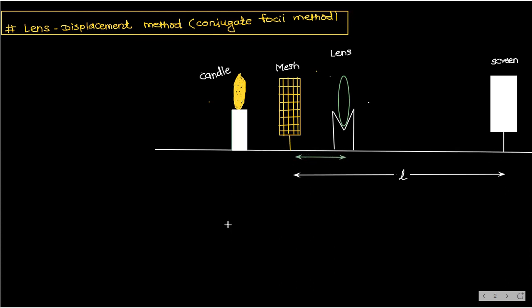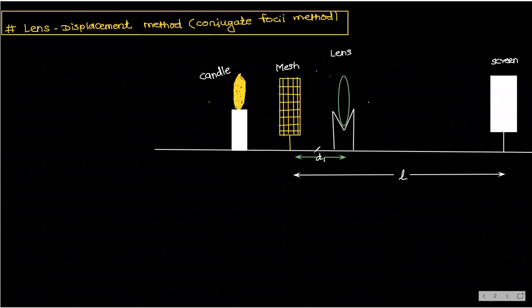Small d. This distance is how much? We will call it d1. Why am I taking this position as d1? Because at this position you are getting a magnified and clear image.